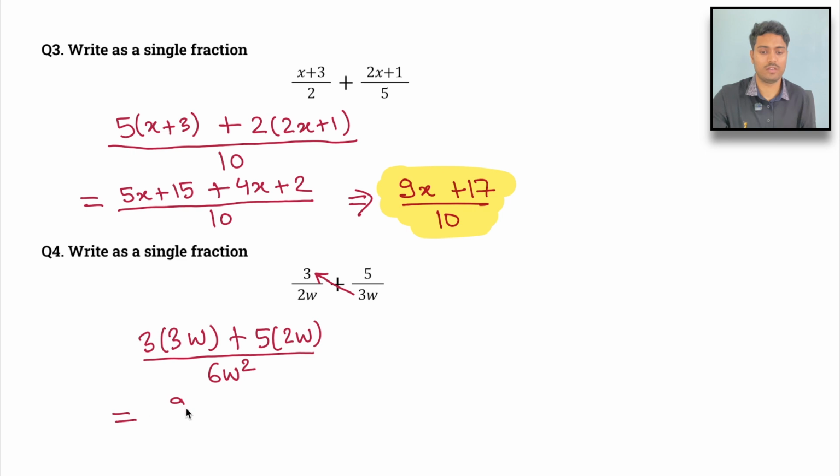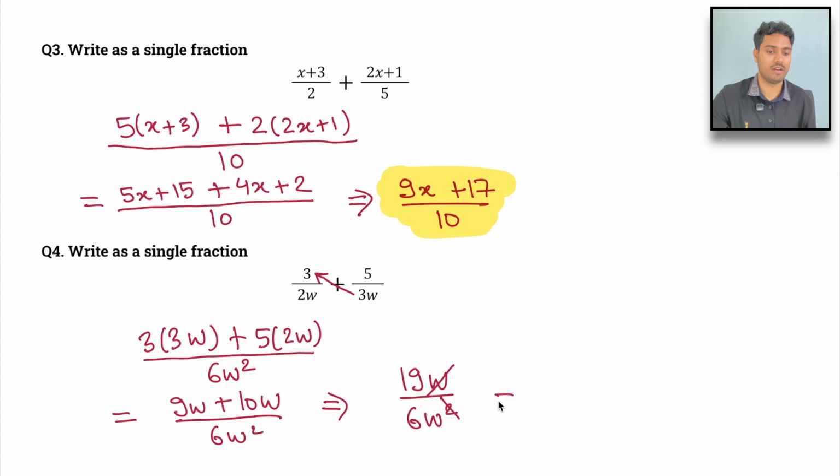Now we have 9w plus 5 times 2w is 10w, divided by 6w square. So this can be written as 19w divided by 6w square. One of the w will cancel out with one of the w, and then finally we can write it as 19 divided by 6w as our final answer.